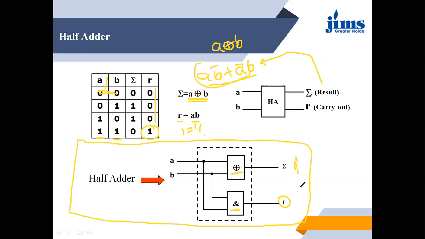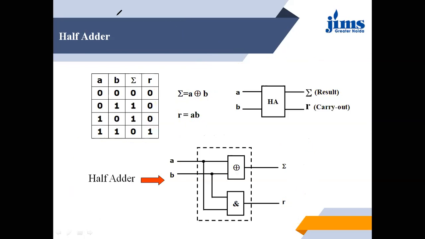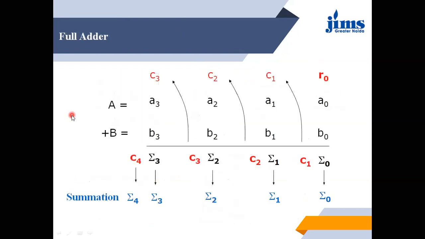Output is based only and only on the input. So this is the reason this is called a combinational circuit. Now we will try to understand this using the full adder.